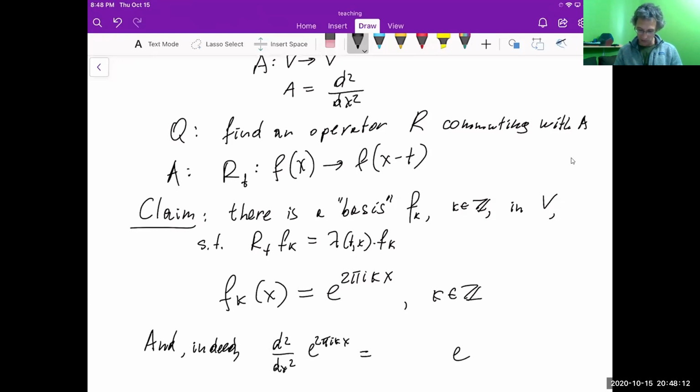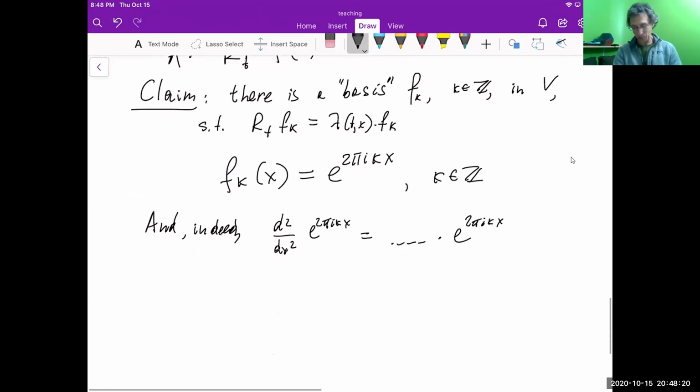I'll leave it to you to find the constant. So we have diagonalized the operator of second derivative and also of the first derivative. And in fact, the same basis diagonalizes any operator which commutes with translations.